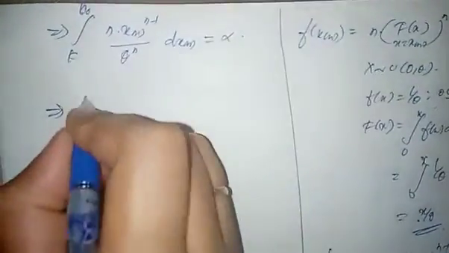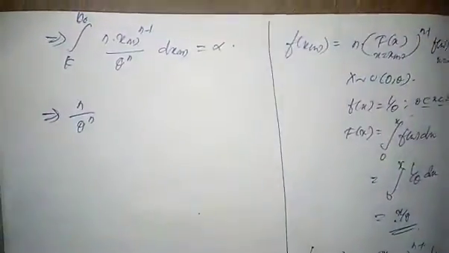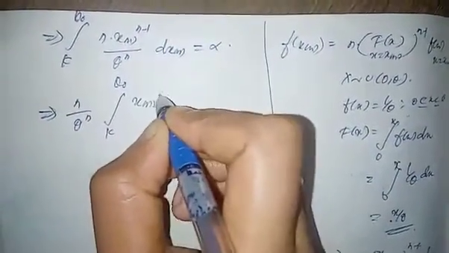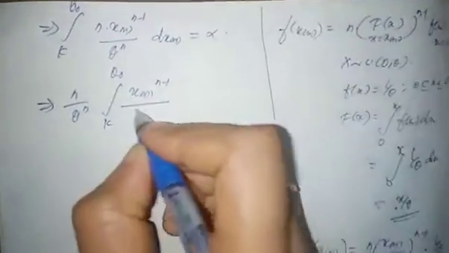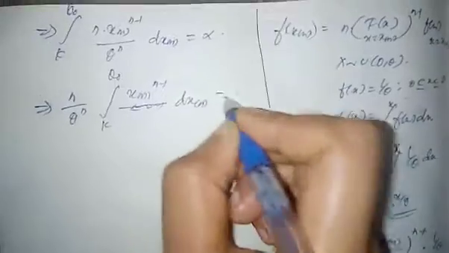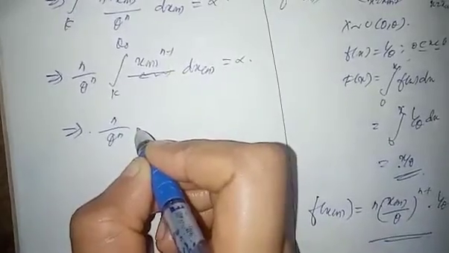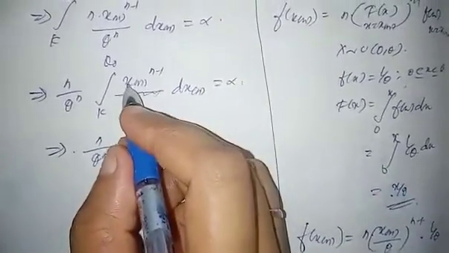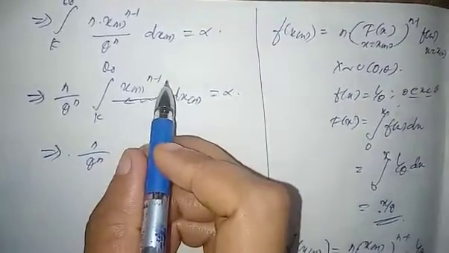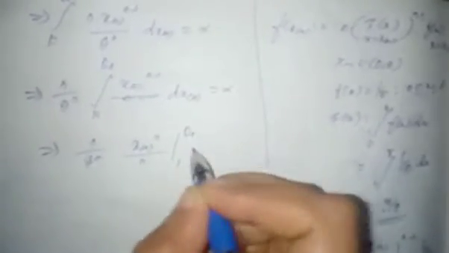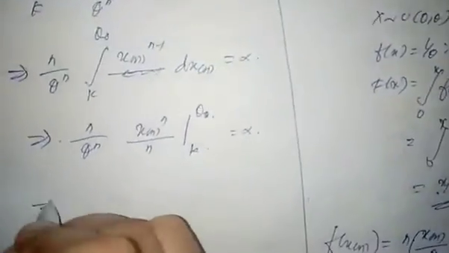Which implies we can take n divided by theta power n outside, then integrate from k to theta naught xn power n minus 1 dxn equal to alpha, which implies n by theta power n times the integral of xn power n minus 1, which is xn power n divided by n, from k to theta naught, equal to alpha.